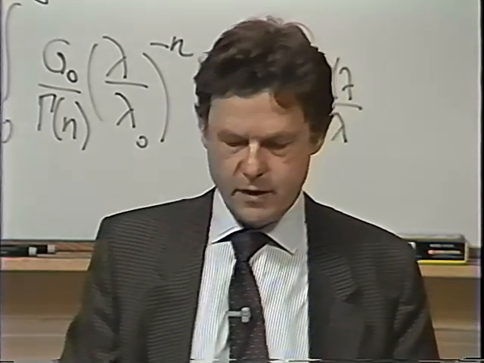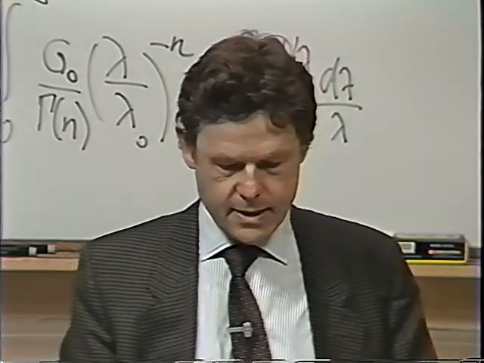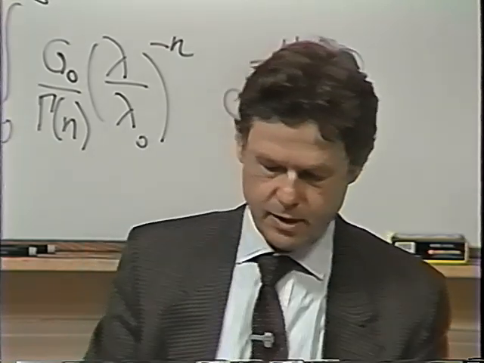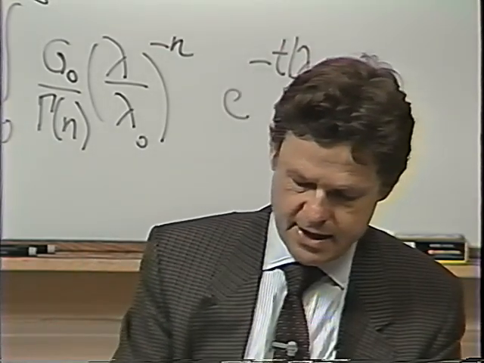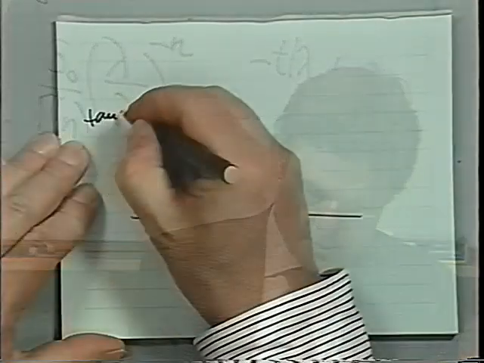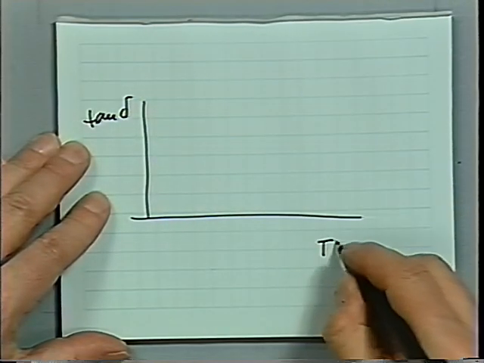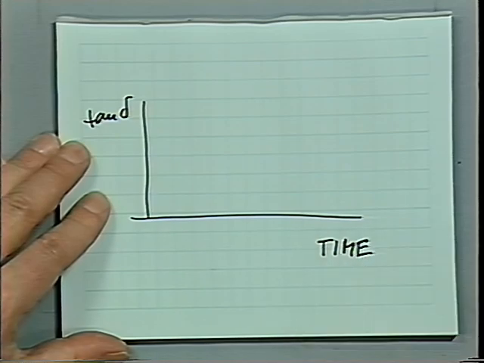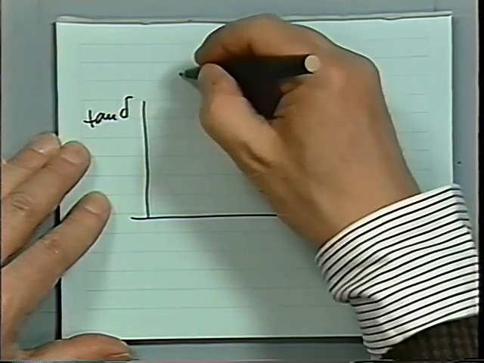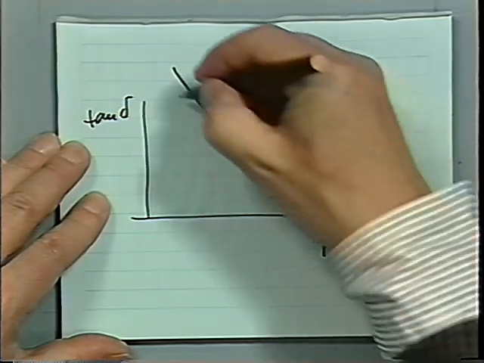We often will use data. Since I'm talking about this, we will use data where we look at tan delta as a function of reaction time. And we will plot tan delta for different frequencies.